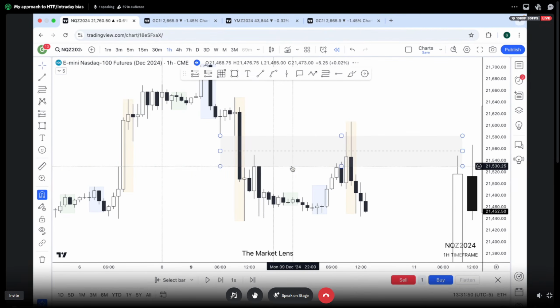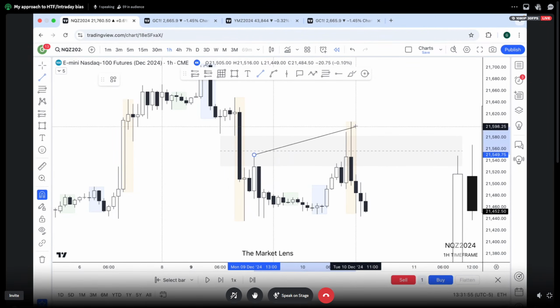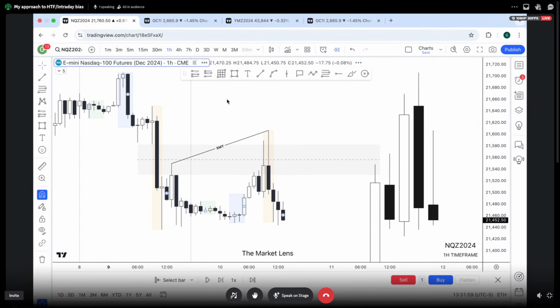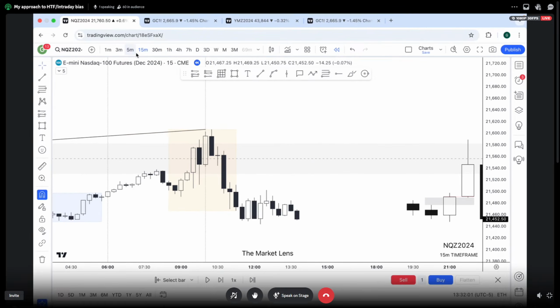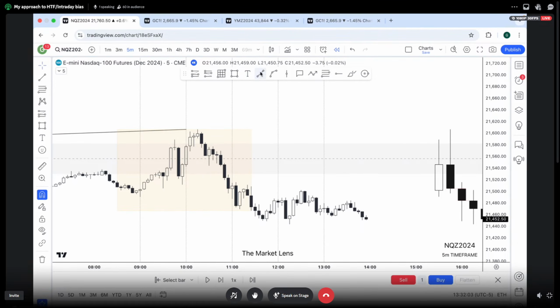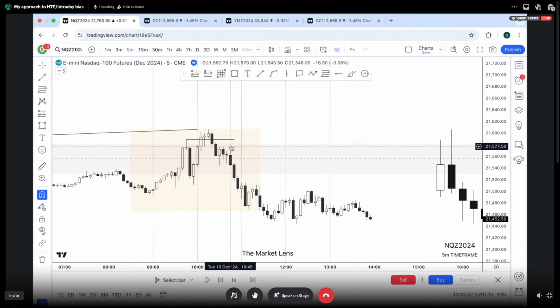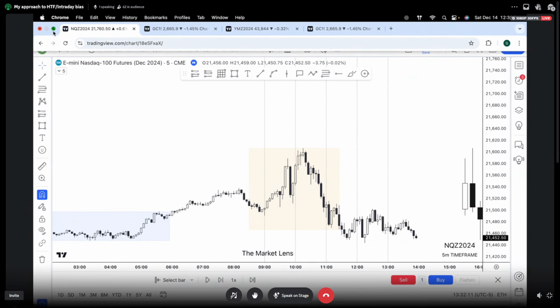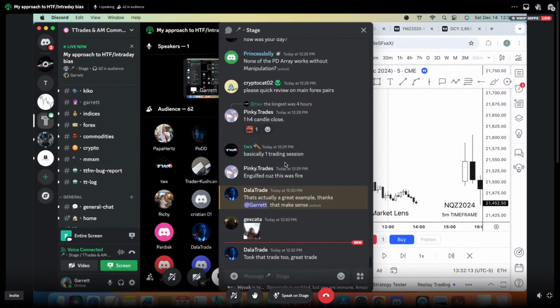Internally to that fair value gap, you have this manipulation here with SMT. And then you have some sort of lower time frame manipulation, right? Take out this high and we form SMT here. So manipulation and SMT go hand in hand for anticipating next price.